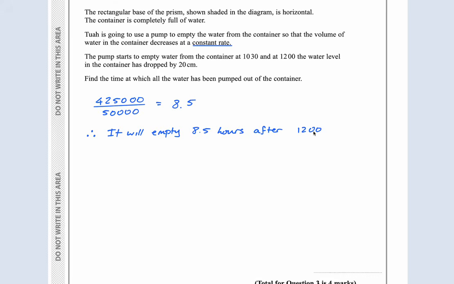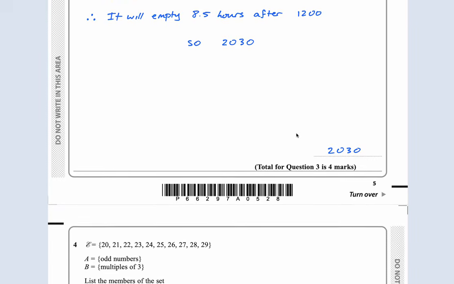So you need to actually give the time, but obviously 8.5 hours after 12 is 8:30. So the answer is 8:30. Now guys, we're dealing with 24-hour clock here, so just be careful. I'm sure if you wrote 8:30 p.m. you'd be fine, but let's just stick with 20:30. That is 8:30 in 24-hour time. So 20:30. Okay, that's question 3.